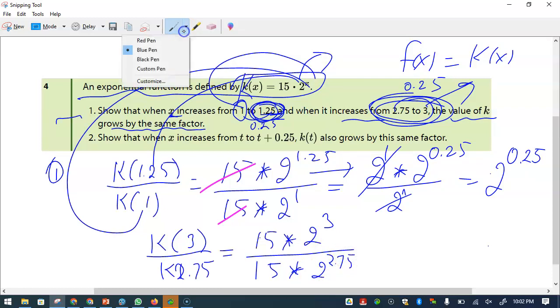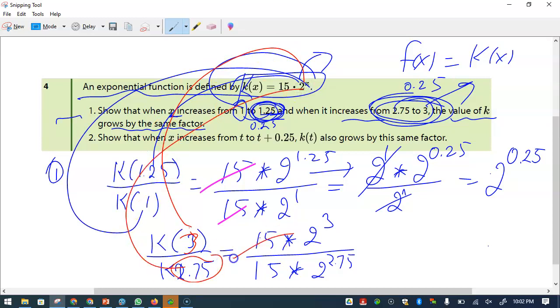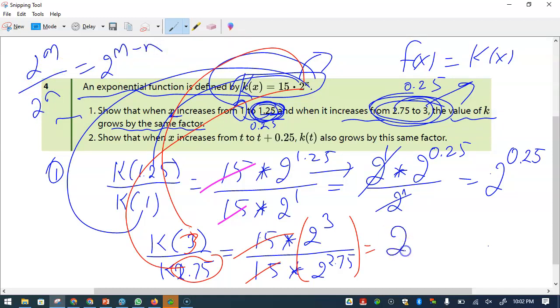I'm just plugging in the 3 first, and then plugging in the 2.75. Now the 15 goes away, and you can use the quotient of exponents: 2 raised to m divided by 2 raised to n is the same as 2 raised to m minus n. So that is 2 raised to 3 minus 2.75, and if you subtract, we get 2 raised to 0.25. And you can do the same thing.